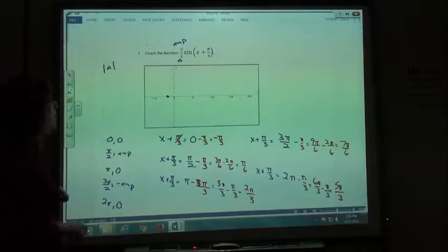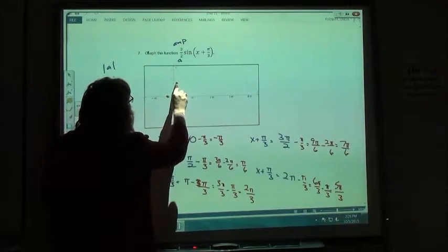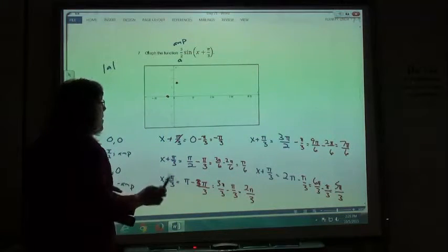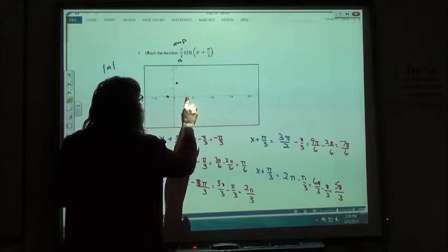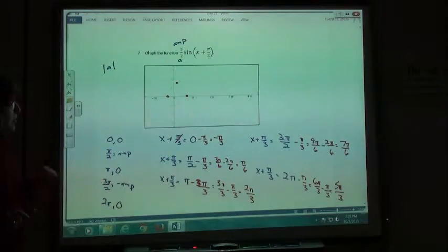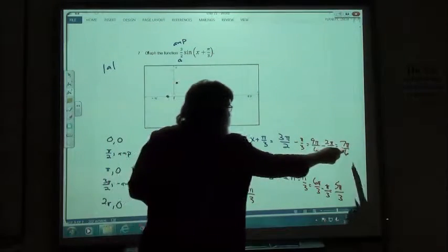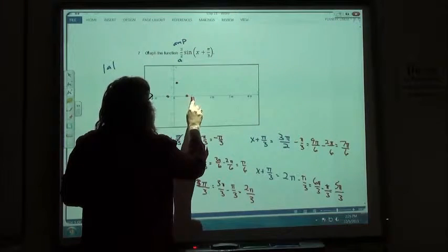Okay, pi over 6 would be 1 mark over. I'm going to be up to my amplitude, which is 3/2, so up to 1.5. 2 pi over 3 would be 4 pi over 6. 1, 2, 3, 4. I'm going to be at 0 in the middle. Now the next one I'm going to go down to my amplitude at 7 pi over 6. 1, 2, 3, 4, 5, 6, 7.